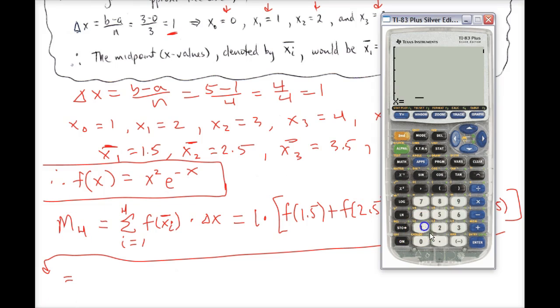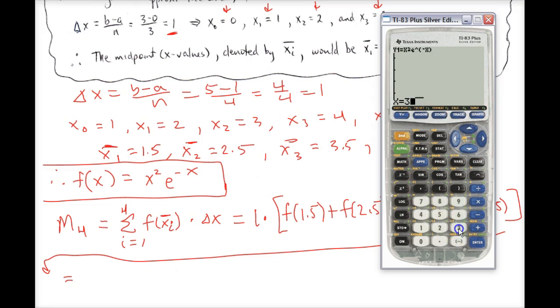Alright, so for the first one, if we type in 1.5, we get 0.5020426. Do it for 2.5, we get 0.51303124.